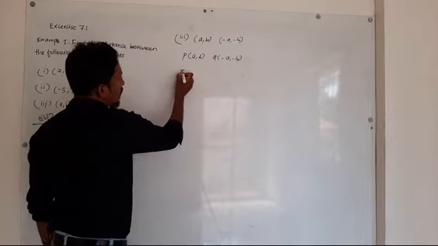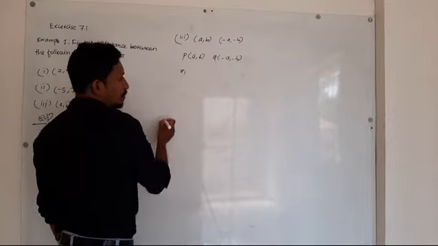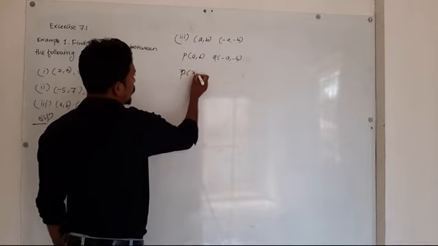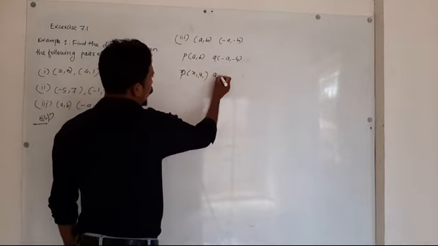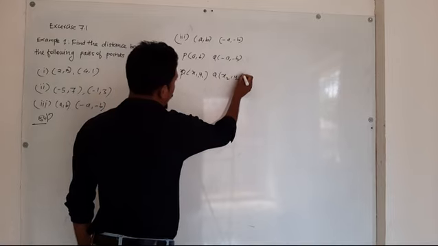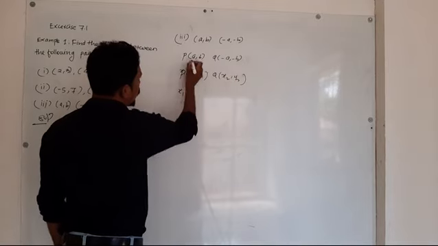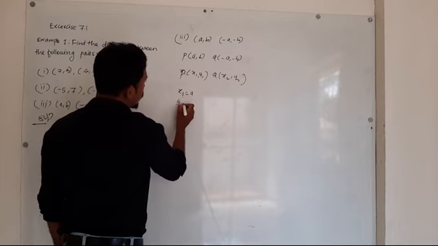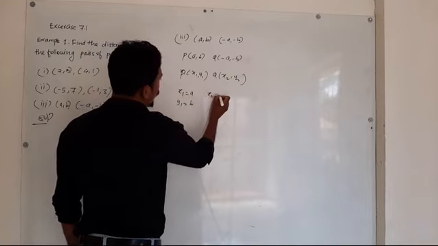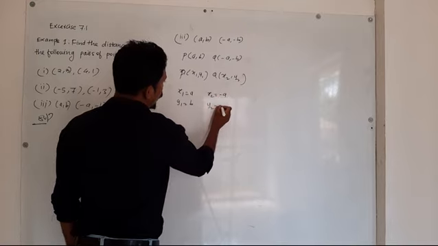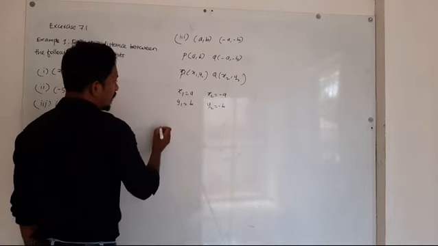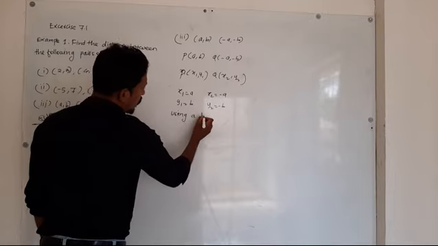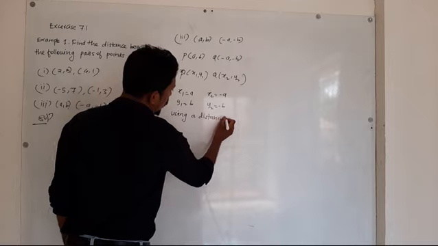P is x1, y1, and Q is x2, y2. The value of x1 is a, y1 is b, x2 is minus a, and y2 is minus b. Using the distance formula.